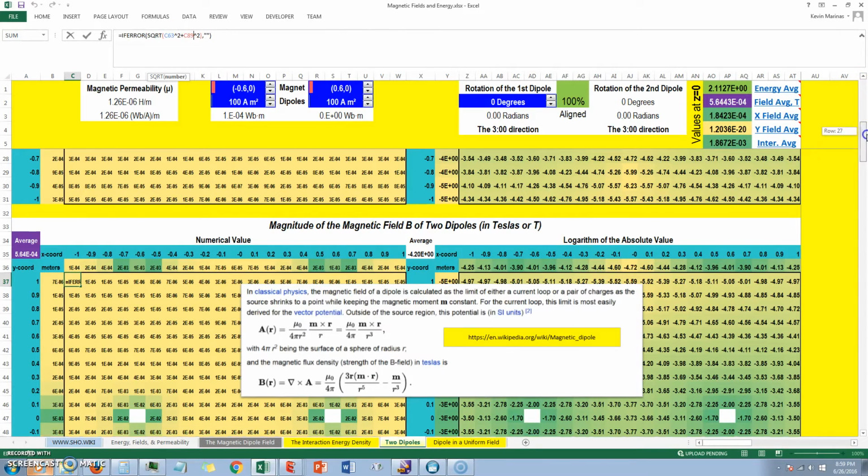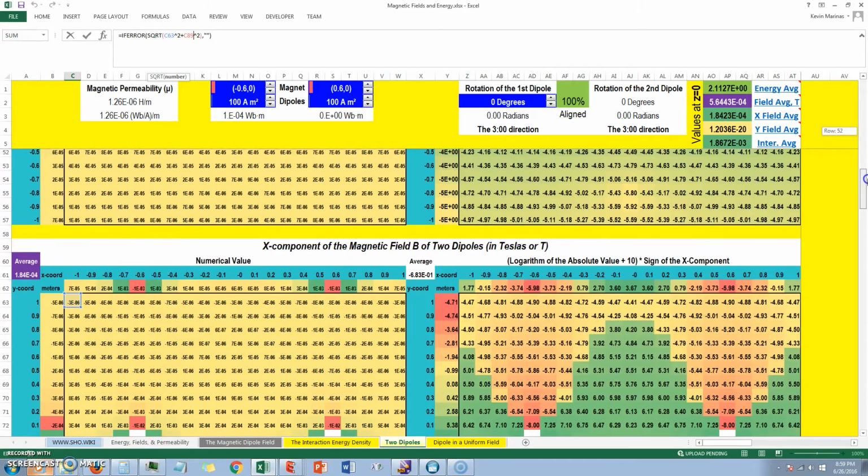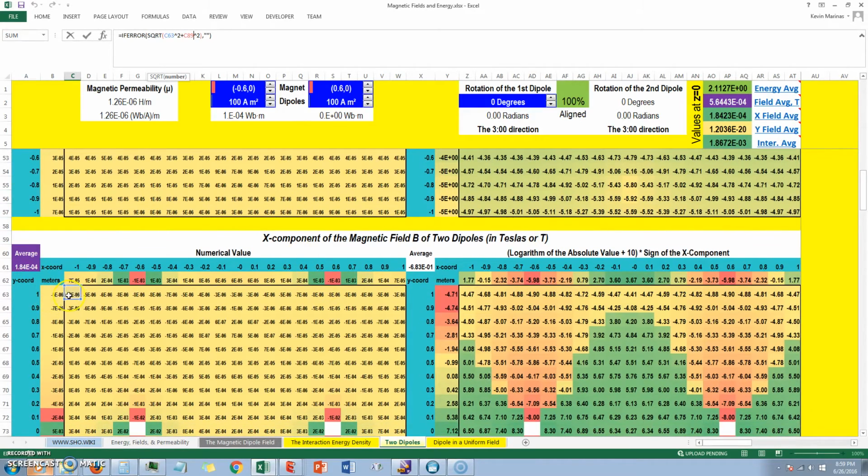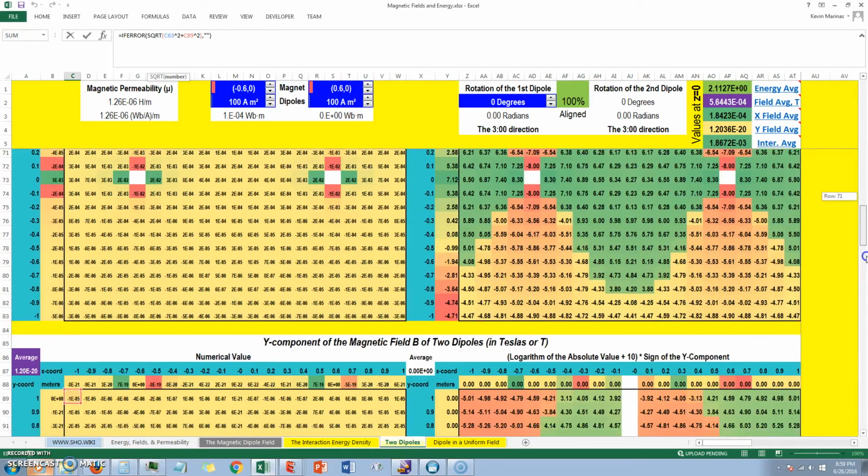So C63 squared gives me this x component squared. So you lose the negative sign, you're squaring it, and then we'll add the other, the y component squared.